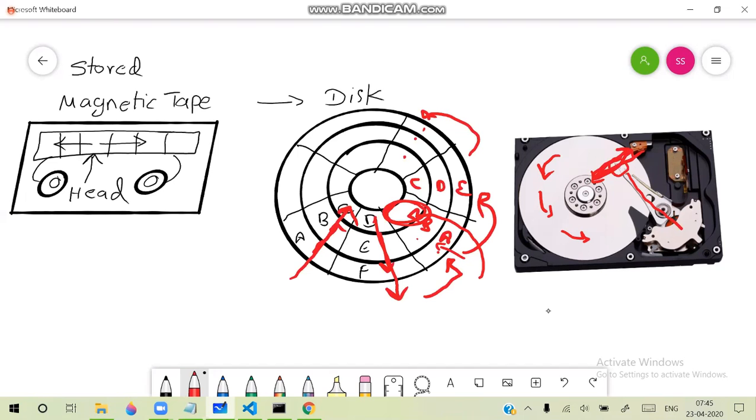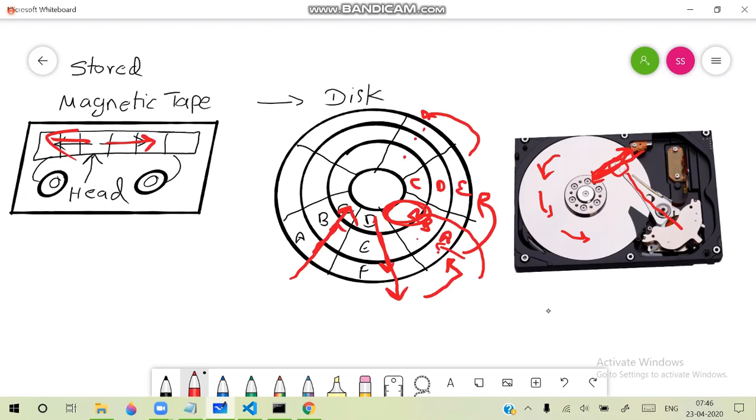This problem comes every time when we are using a disk. This problem will not come when we are using a tape, because in a tape data is in order. But in a disk, data is not in order. That's the reason the memory is available, but we are not able to use it.